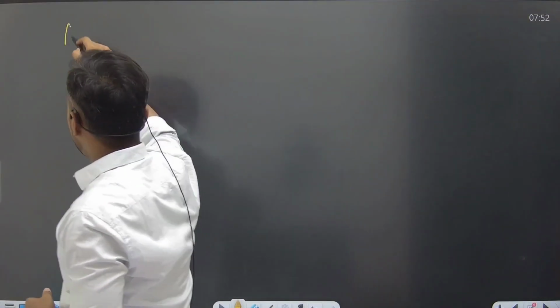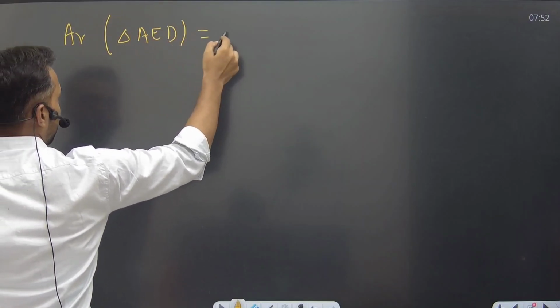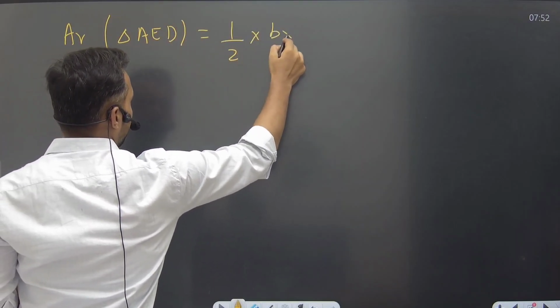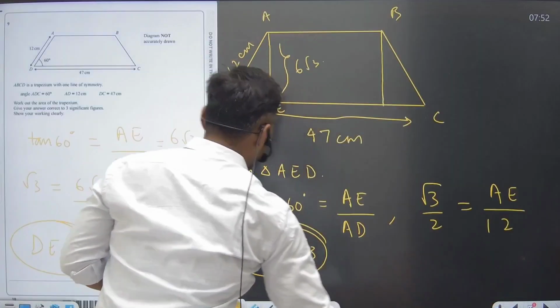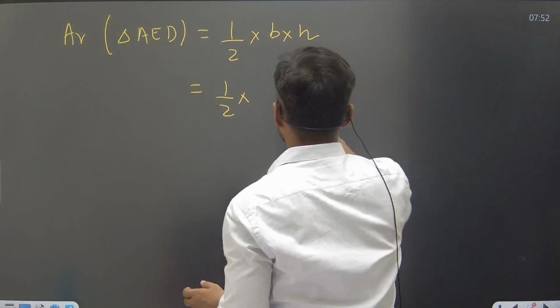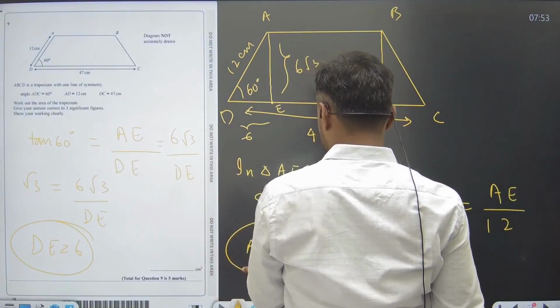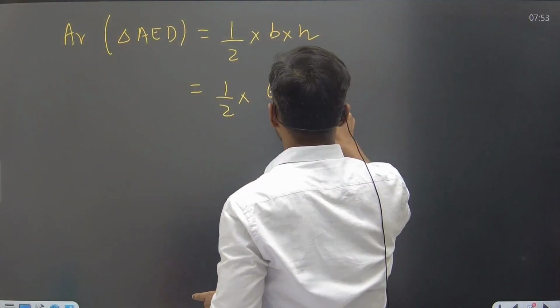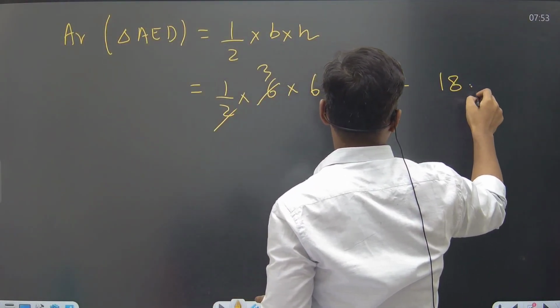So what will be the area of this particular triangle? The area of triangle AED will be given by half base into height, that is half, and base here is 6, so it will be 6 cross height. Height we have calculated, that is 6 root 3, that is equal to 18 root 3.